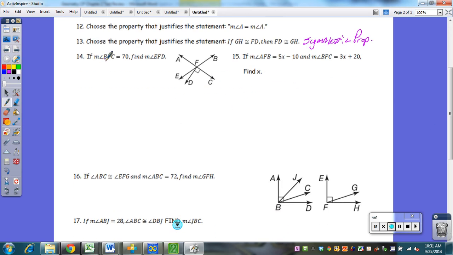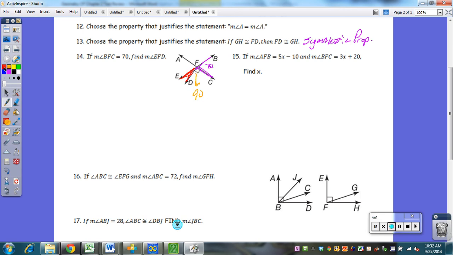So if the measure of BFC equals 70 degrees, I want to find what the measure of EFD is. Well, I know that this tells me that DFC is equal to 90. So if I add all these angles together, they should equal 180.